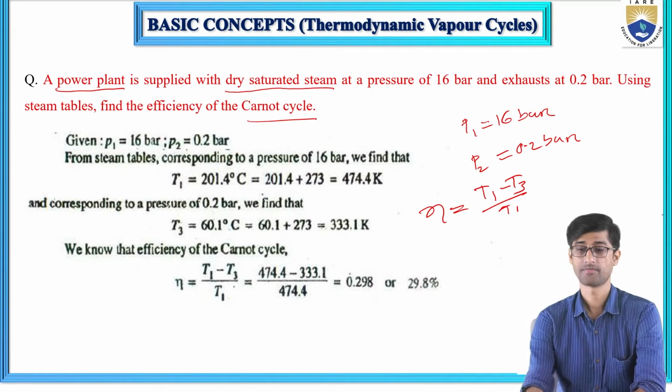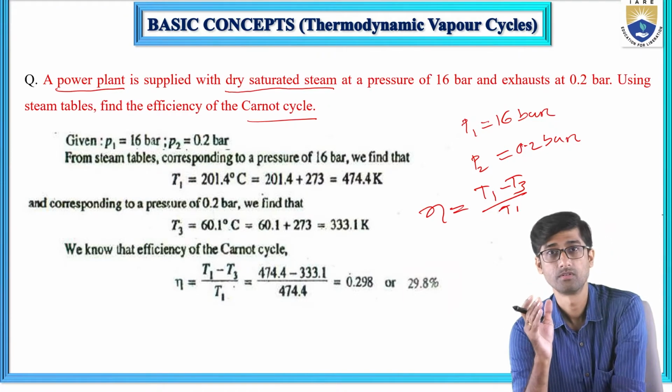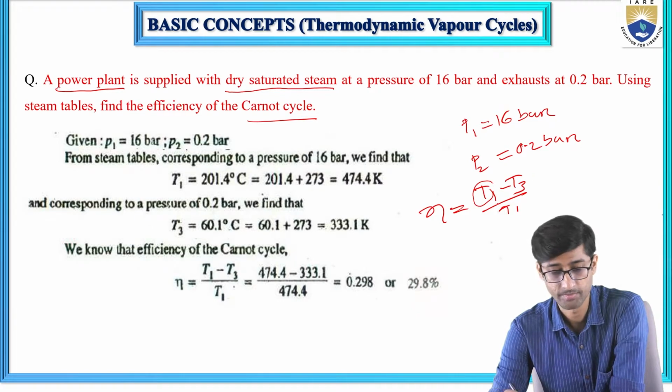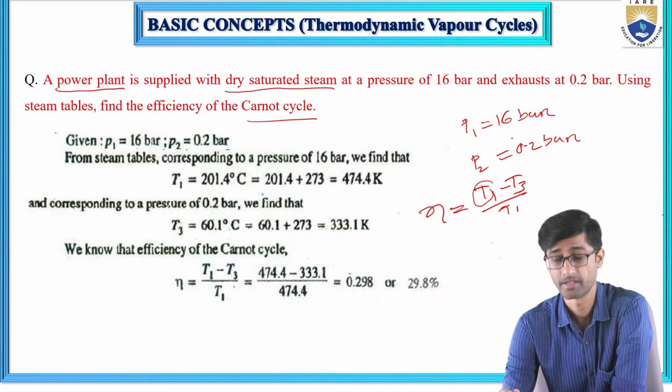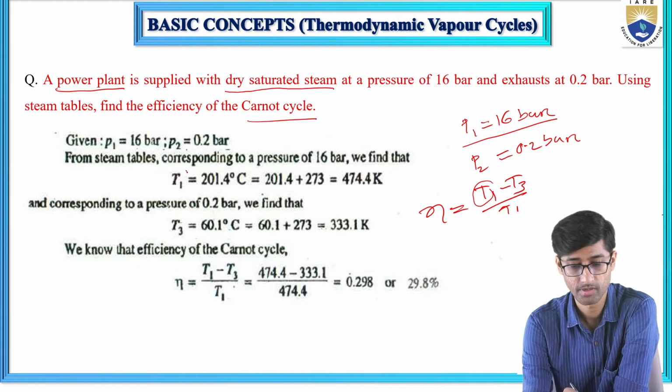Now, if you see the first condition, we are finding the values of T1 and T3 from the steam tables. The first condition is a given pressure of 16 bar, right? So at pressure 16 bar, what is the temperature T1 from the steam table?